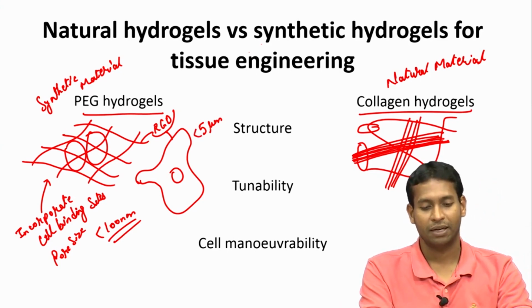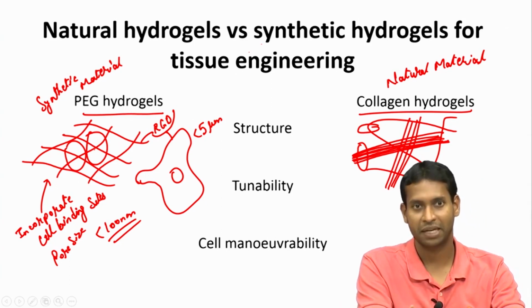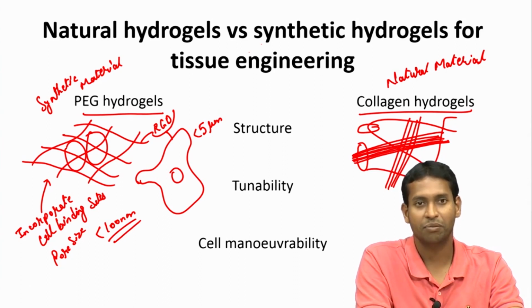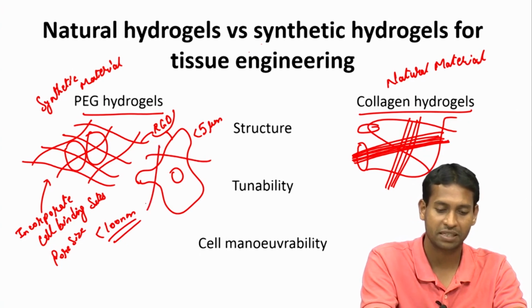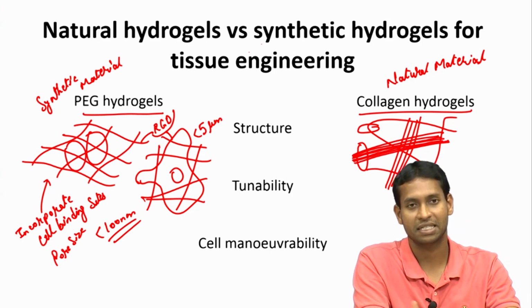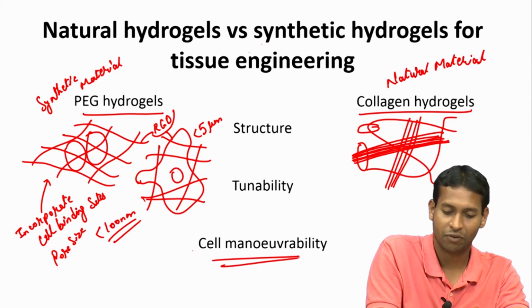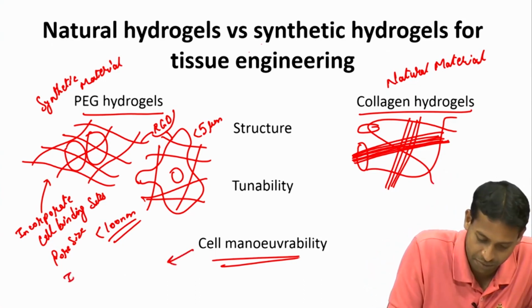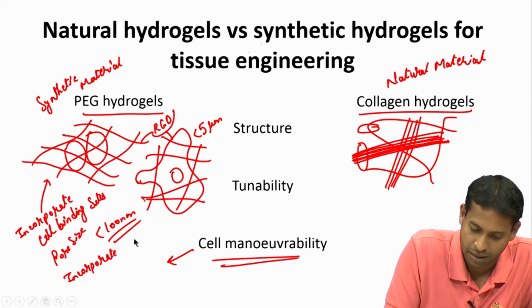If the pore size is 100 nanometers, fairly uniform plus minus say 10 or 20 nanometers, these cells can't really move through that. They are locked in by all kinds of polymer chains crisscrossing them, and they can't move anywhere if you have encapsulated these cells inside. So, if you want cell maneuverability, you also have to incorporate the protease cleavage site.